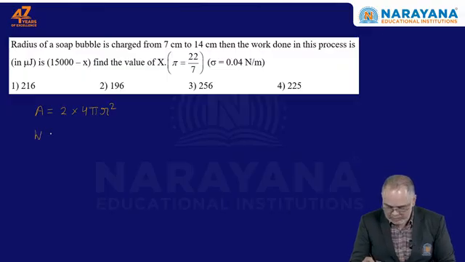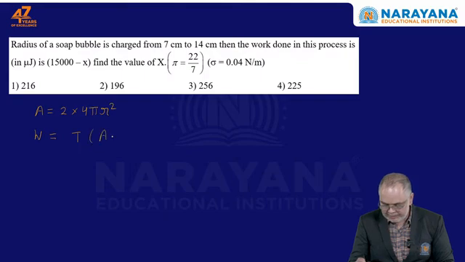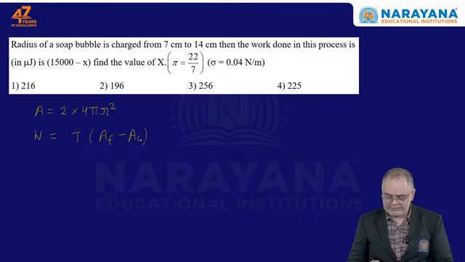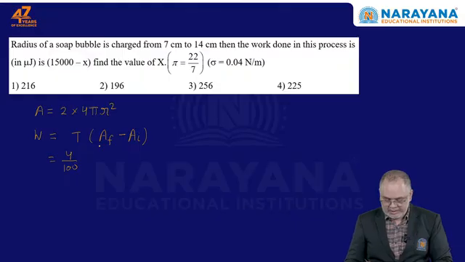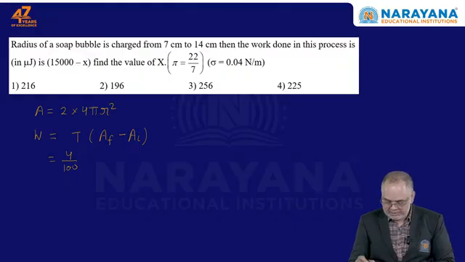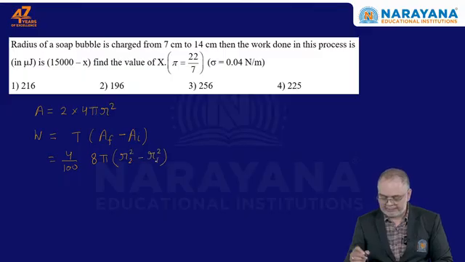So we can write W is equal to T into A final minus A initial. Surface tension value is given as 0.04 Newton per meter, so we can write 4 by 100 into A final minus A initial, that is 2 into 4 pi r square. So we can write 8 pi into r2 square minus r1 square.